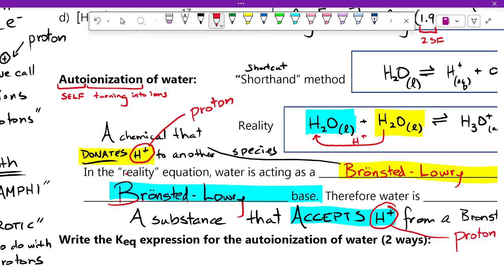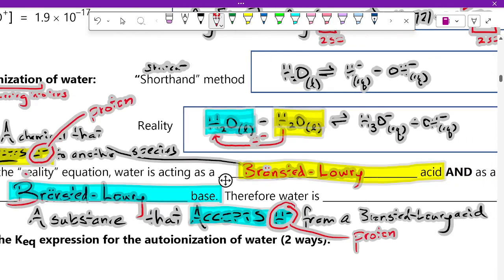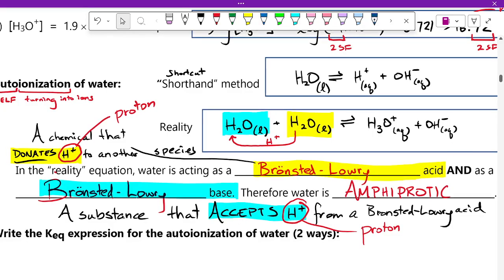It can donate a proton and it can accept a proton. It does both. Therefore, we say that water is amphi, both, protic. Okay? Amphiprotic. Because it can do both things with protons. It can donate them and it can accept them.